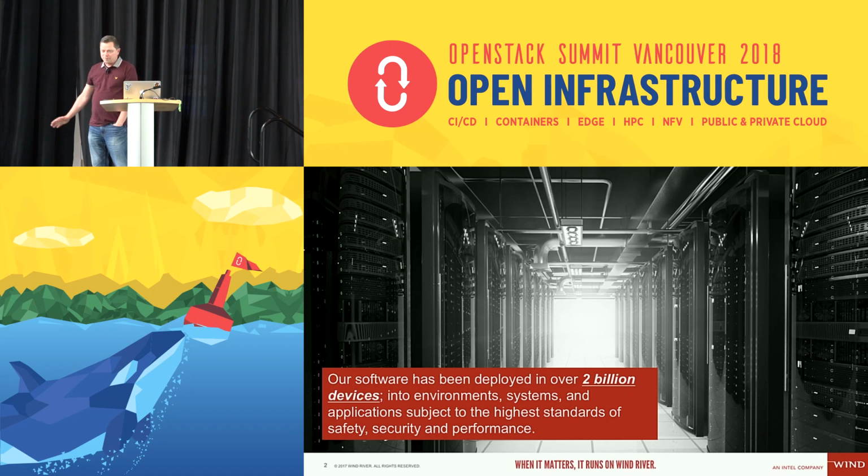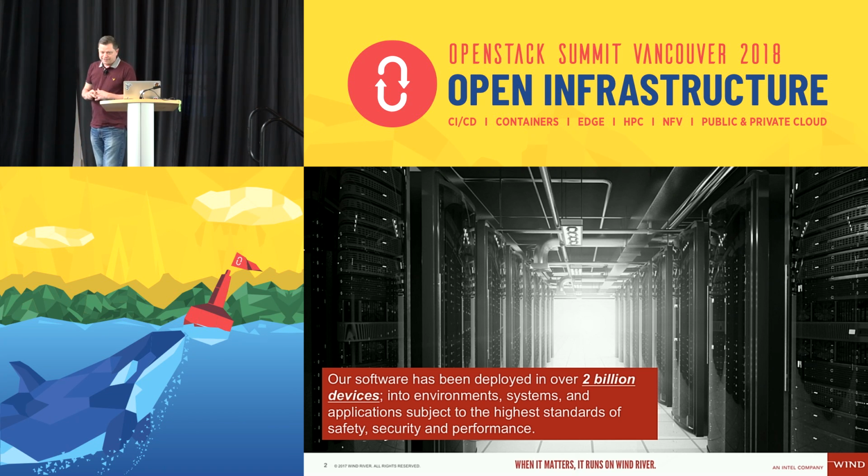First, just a little bit about Wind River. Wind River's heritage is in embedded software. We've got software in billions of devices across the world, most of them in environments with strict high availability, safety, and security requirements.